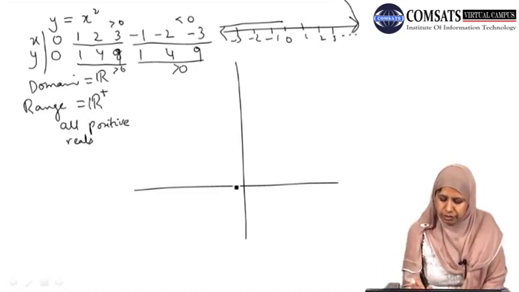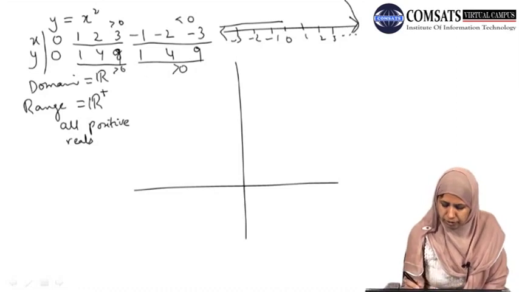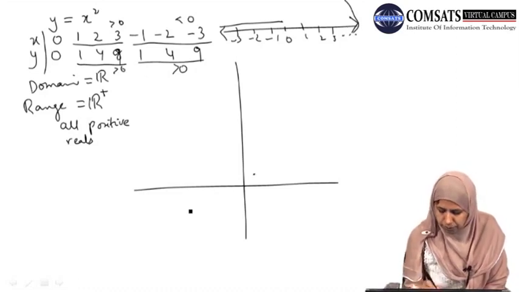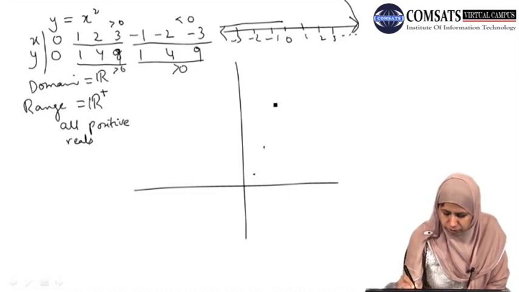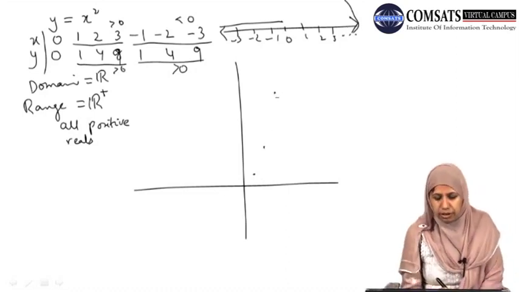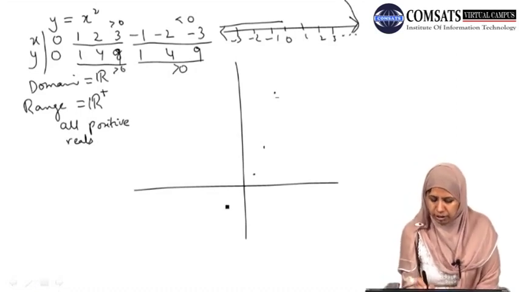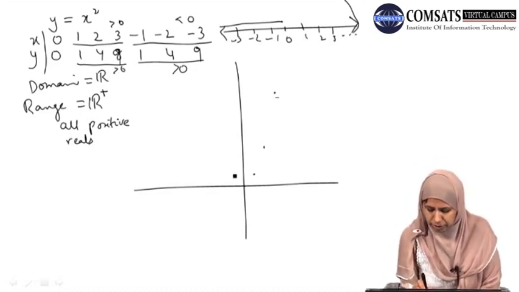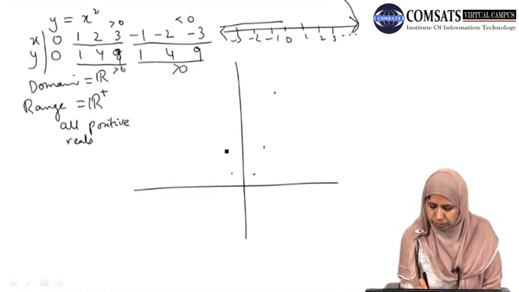Okay, now we come back to the graph of our simplest quadratic function y is equal to x square. When x is 0, y is 0. When x is 1, y is 1. X is 2, y is 4. X is 3, y is 9, the positive values. And same with the negative values, x is minus 1, y is 1.